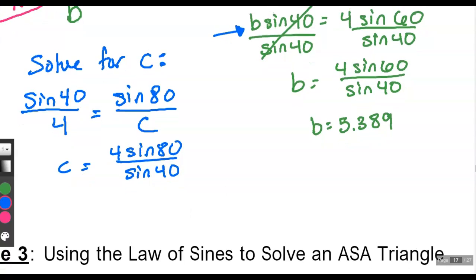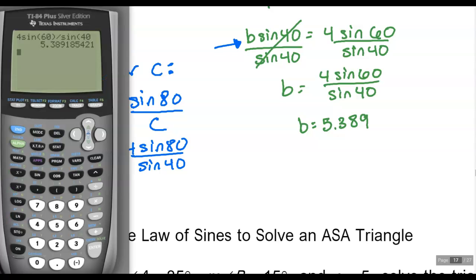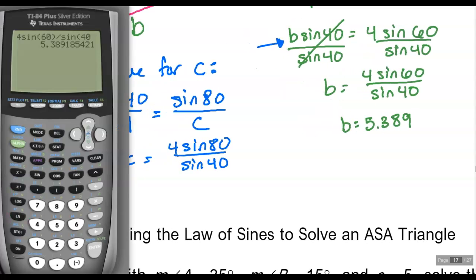But I think it's a lot of extra writing, so I just write that. And then in our calculator, we're going to do 4 times sine of 80 this time, divided by sine of 40.